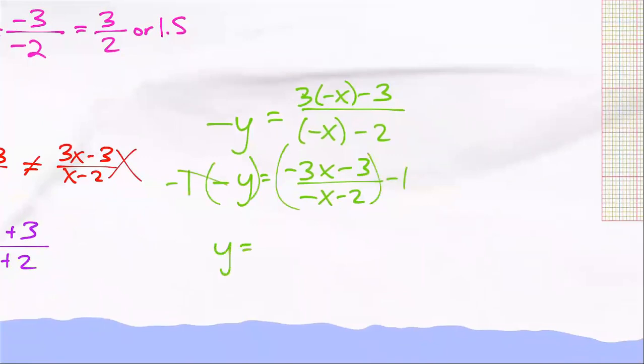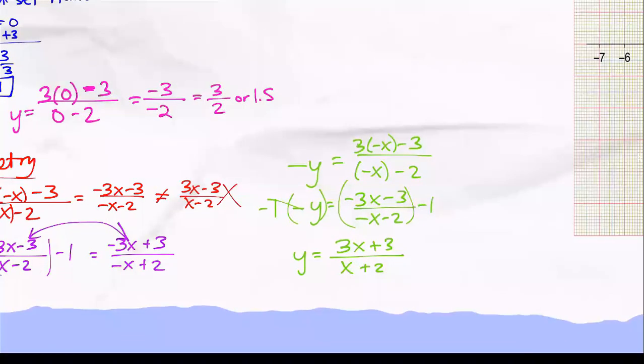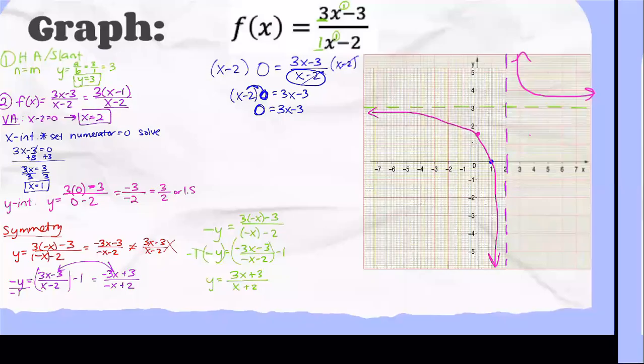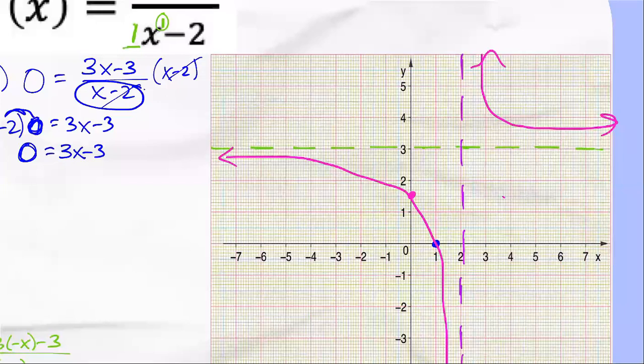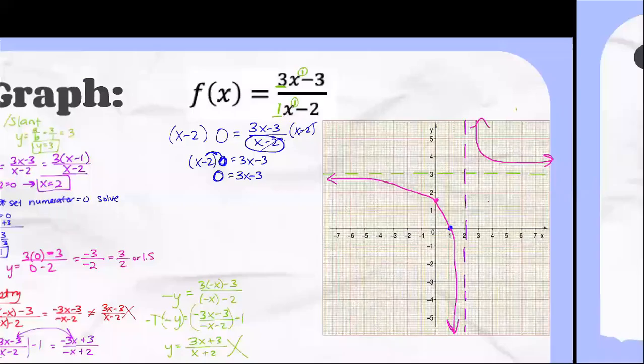So it's going to flip everything's sign. But that again is not an equivalent expression to what we had. So it doesn't have symmetry about the origin either. But this is going to end up being it. If you wanted to double check, you could test a point maybe here and make sure that it looks like that.